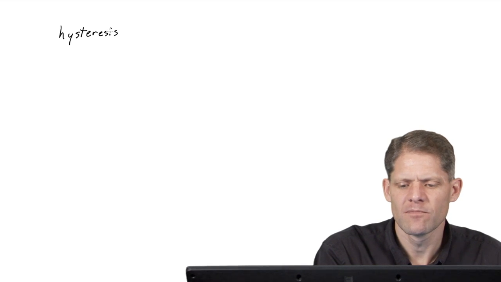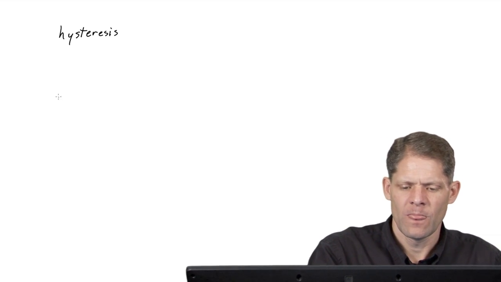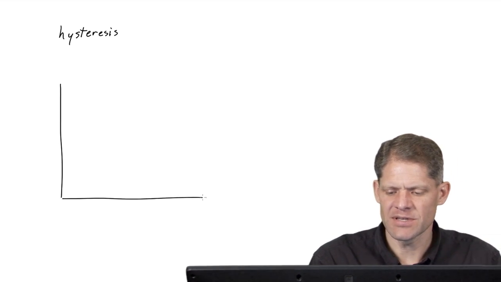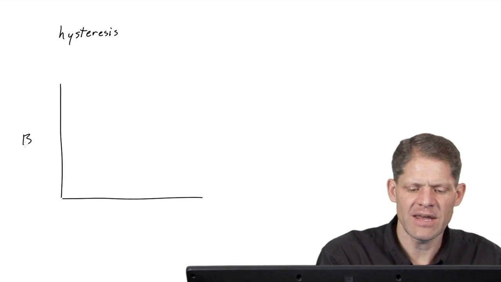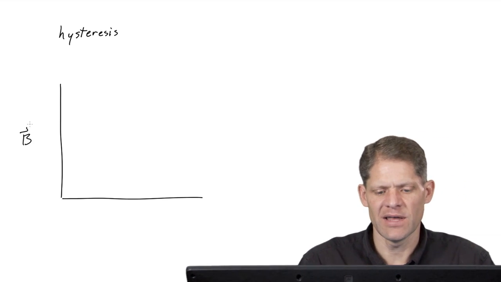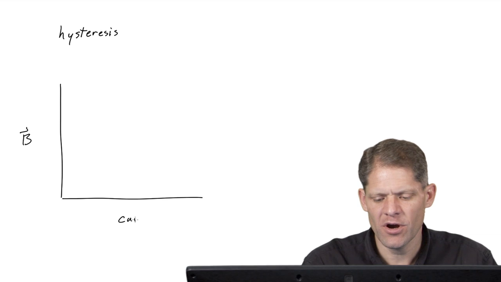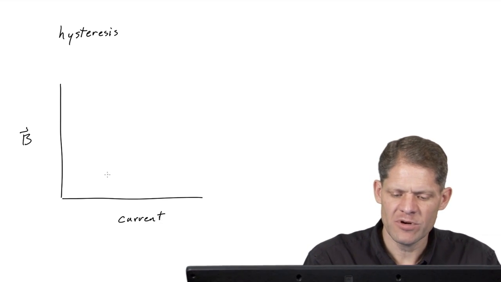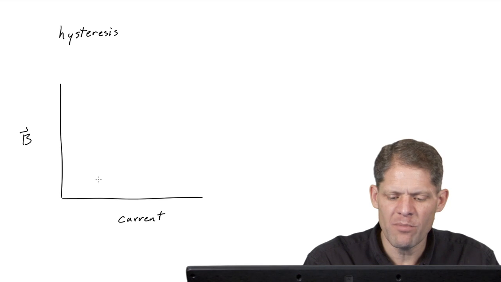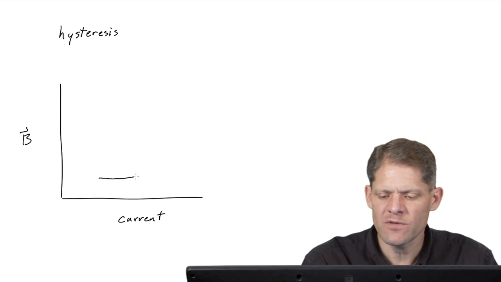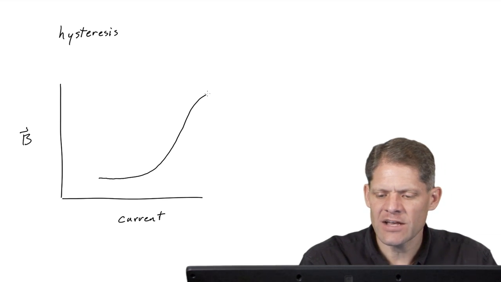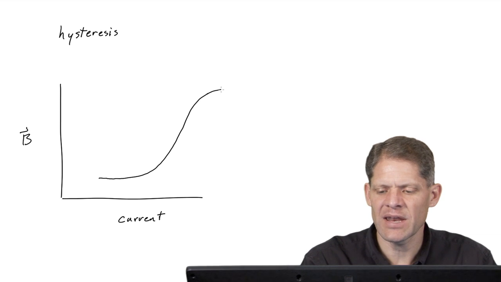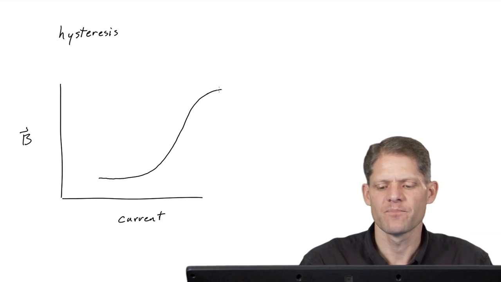Now, in all this work of alignment and calibration, an important issue that comes up is hysteresis. What hysteresis is, if we were to plot the magnetic field produced by a lens as a function of the current going through that lens, if we were to start at low current and a low magnetic field, we would see that as we increased the current, the magnetic field would increase with it.